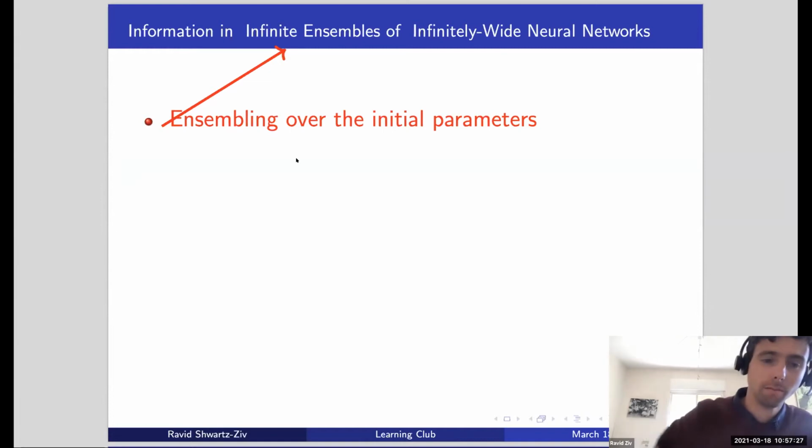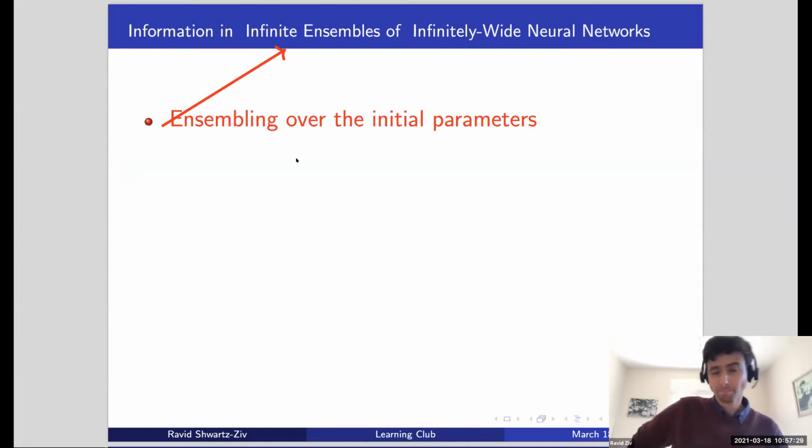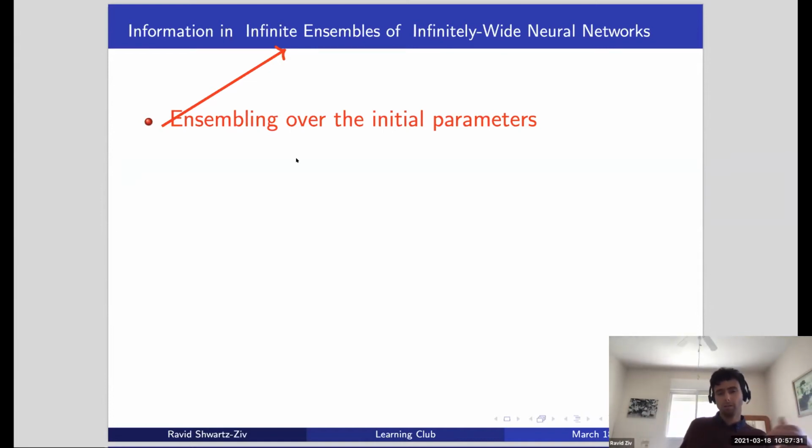What is an infinite ensemble? We are assuming that our parameters come from some prior distribution, that we sample from some prior distribution, but now we take an ensemble over these initial parameters. Okay, so we're ensembling over the initial parameters, and we have an infinite ensemble that is coming from this prior distribution.